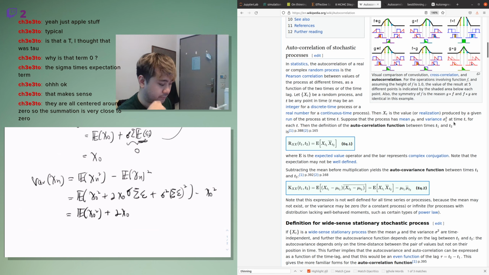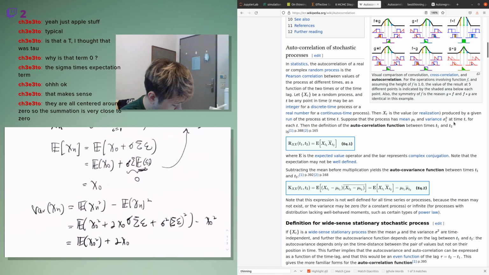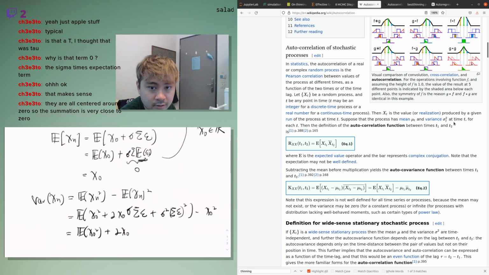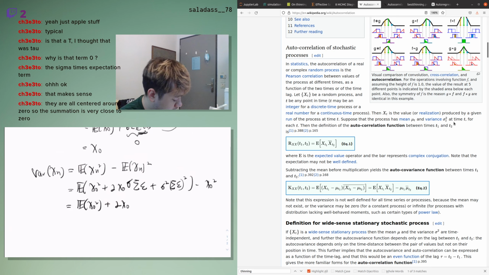In any case, even if it isn't, I can just do a special case where I focus on the case that it is. So let's just make it explicit here. Let's just say that x0 is just some constant from R, the real numbers.